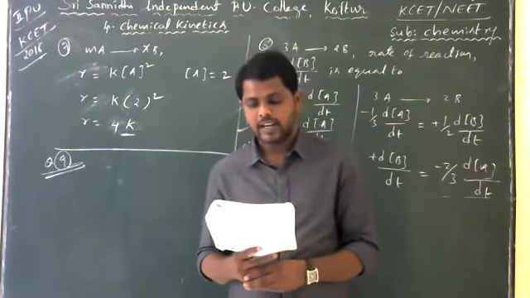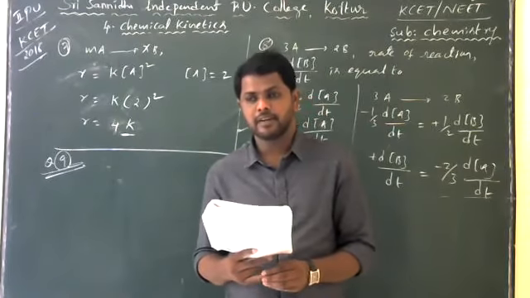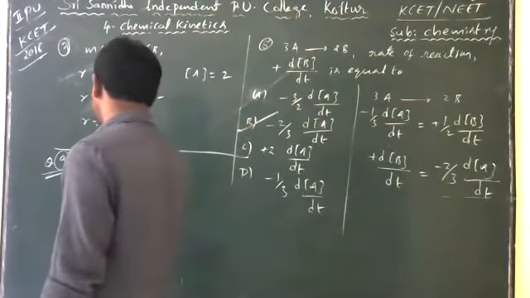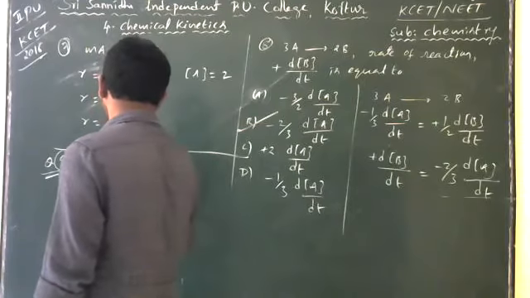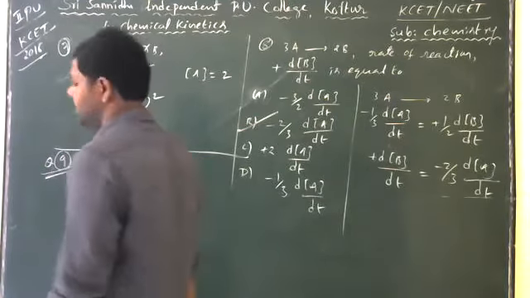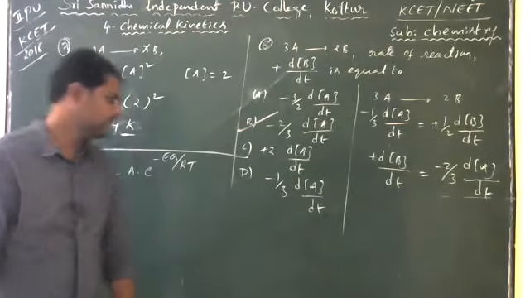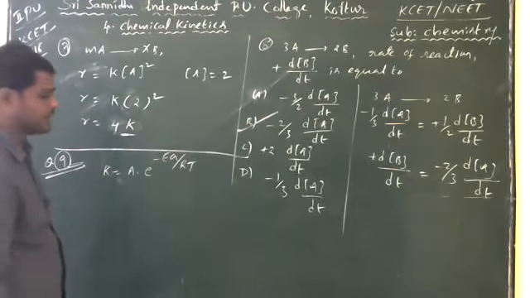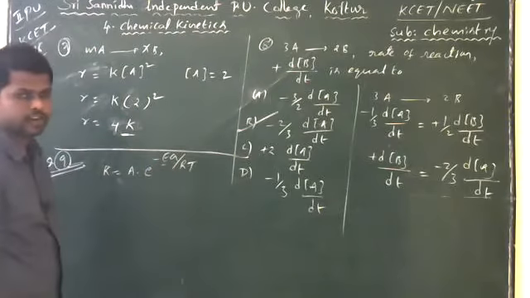The activation energy of a chemical reaction can be determined by the Arrhenius equation, K is equal to A into e to the power of minus Ea by RT. Activation energy is easy to find here.